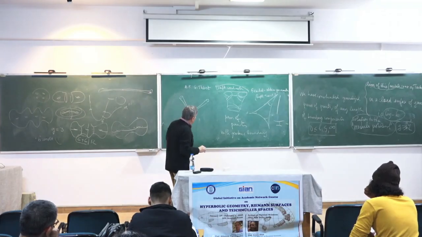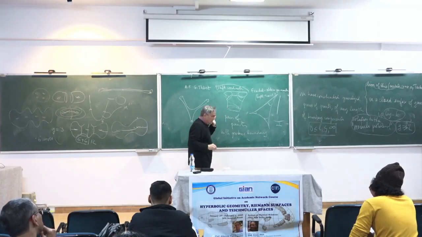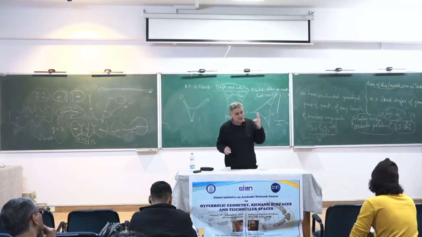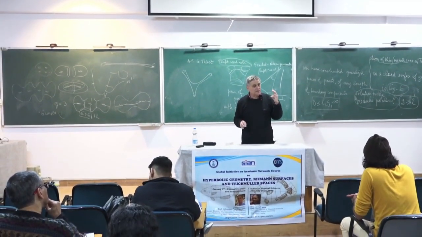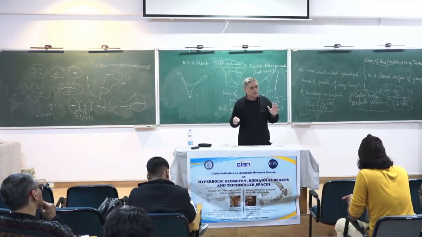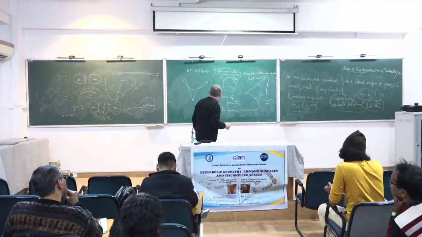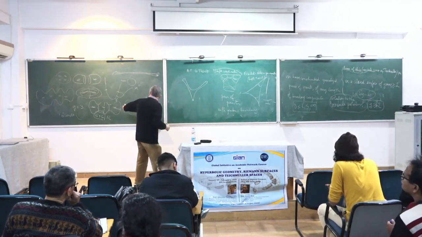The pairs of pants which I drew, like this one or like this one, are all unions of two ideal triangles. And we said that the area of an ideal triangle is some fixed number, pi.